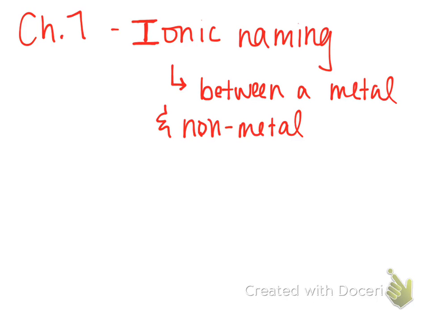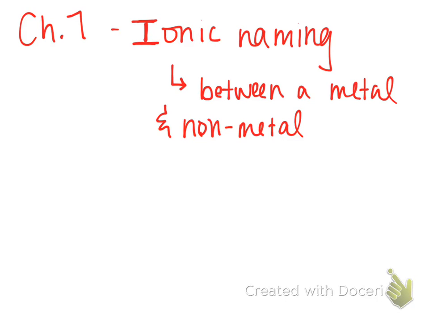On the left side, the right side, middle, top, bottom, what do you think? Okay, middle and to the left. They're to the left of that stair step. On that stair step are the metalloids, so everything to the left of that is metals.